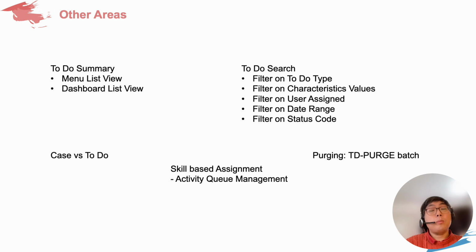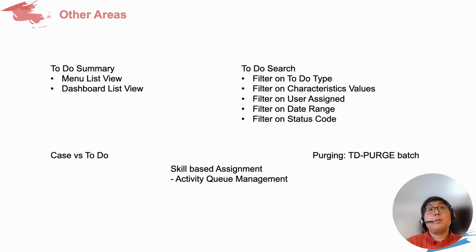To-do summary. Now in your system there must be multiple summary pages which you can find in the to-do main menu, to-do area. You should be able to see that, and it probably requires security if you're not able to see it.